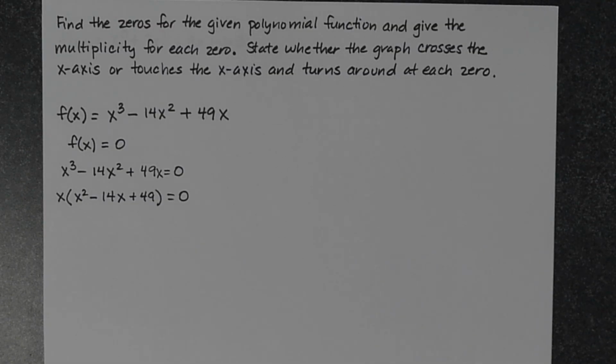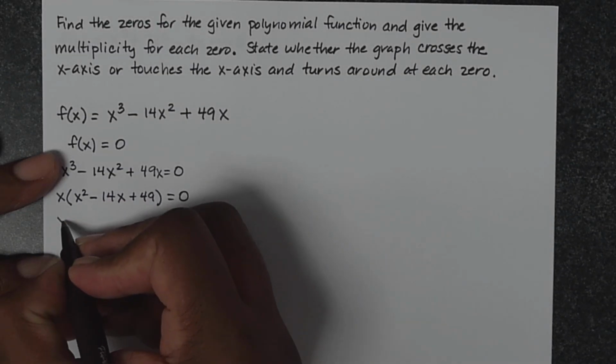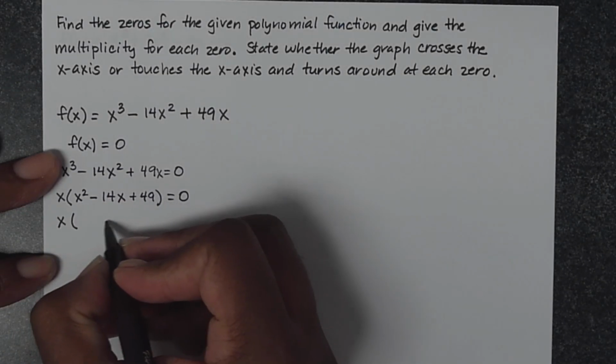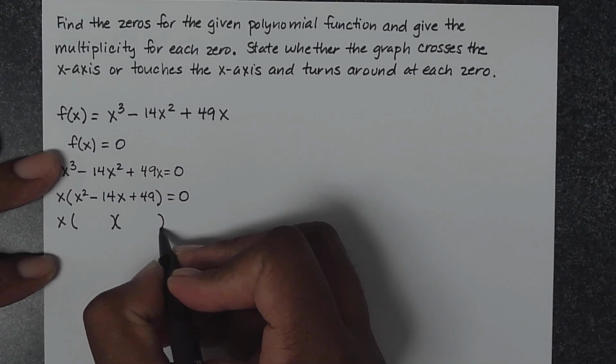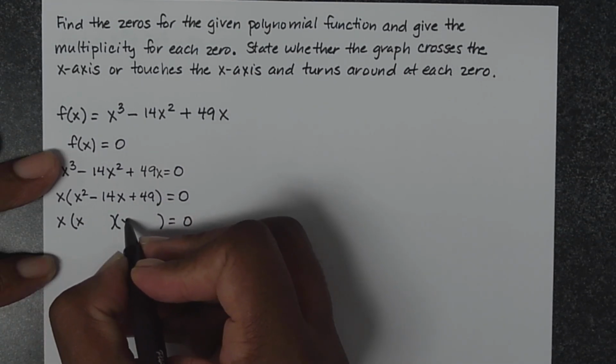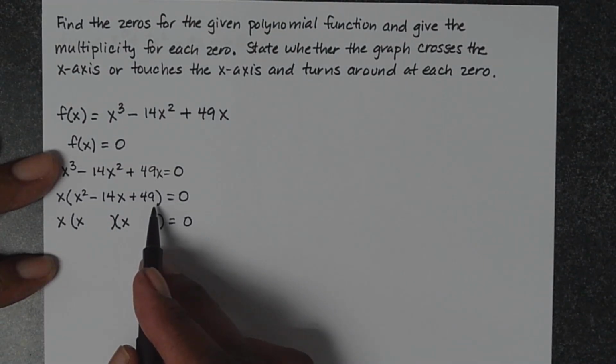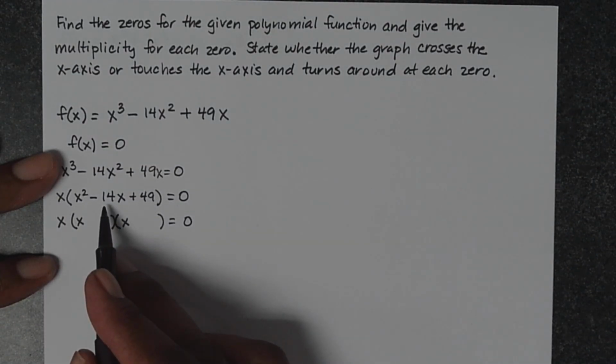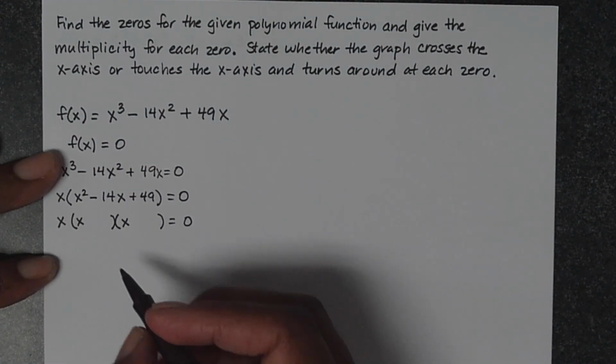Now I can factor x squared minus 14x plus 49 into two binomials. So I bring this x down. x squared breaks up as x and x. The factors of 49 that give me minus 14x will have to be 7 and 7.